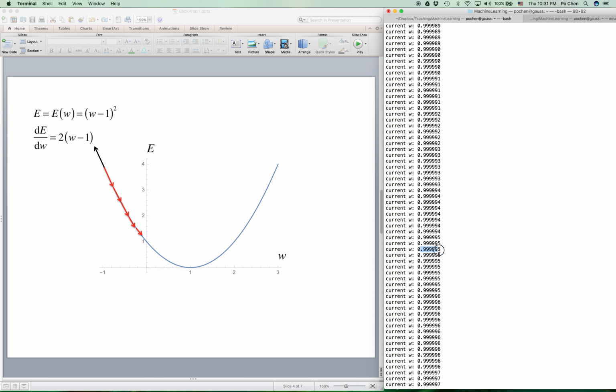One thing that we can notice is that the amount of change between two successive W values becomes smaller and smaller, right? At the earlier iterations, the change between two successive W values is quite big. You can visually see them. Later on, it becomes very hard to detect. The reason that you see no changes is because of the number of significant digits.